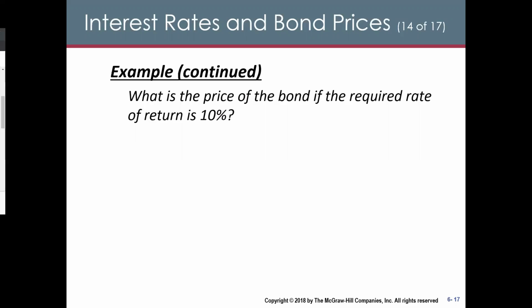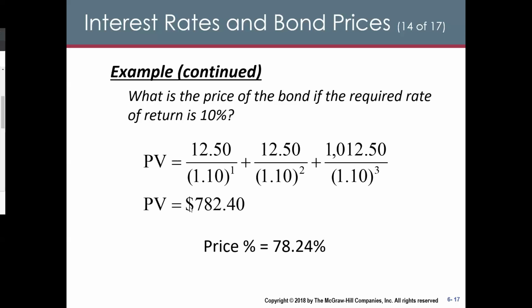As in demand and supply, the lower the price, the higher the demand. So if you want to get investors to invest in this 1.25% coupon rate bond, you need to lower the price. As a result, you will see the present value of the bond decreasing to $782.